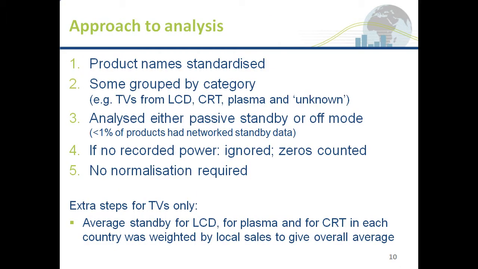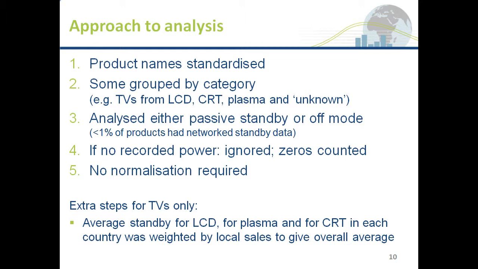The approach we took to carrying out the analysis was firstly to unify the names used for each of the products and product types. So we wanted to make sure that we were comparing like with like, and this enabled the merging of the data sets. We then grouped the products by categories in some cases, and we chose to either analyze passive standby or off-mode power for each of those different product groups or categories.